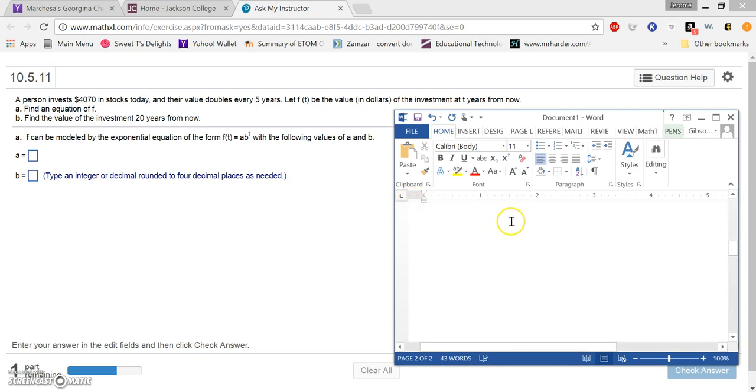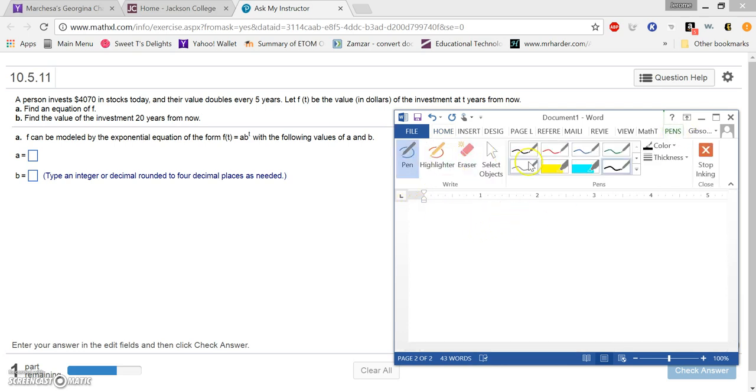Okay, now, this is the first thing we need to do. We want to set this equation up as F of T is equal to A B to the T power. Now we know this is exponential regression.